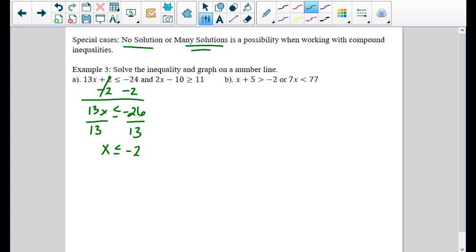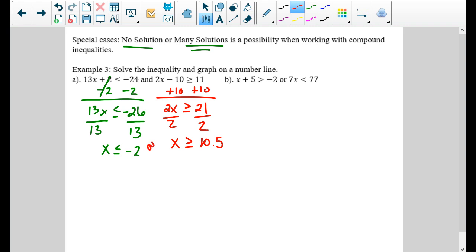So that's my left side. On my right inequality, we're going to add 10: 2x greater than or equal to 21. Divide that by 2, x greater than or equal to 10.5, or 21 over 2.